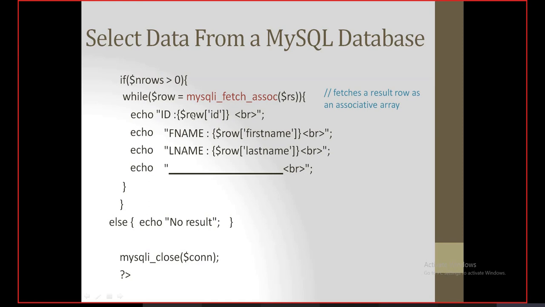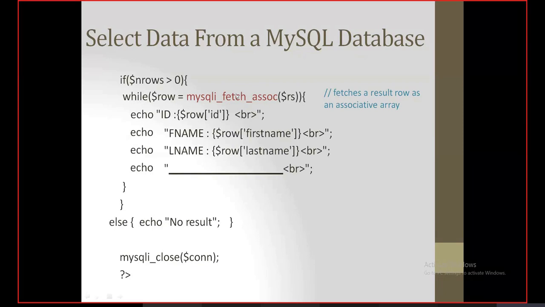So that is why we are printing it in this particular way. It will print the ID string followed by the ID fetched for the first row, and then it will break, and below that it will print the first name, last name, and so on and so forth. For all the records in the result set, the same drill will be performed.